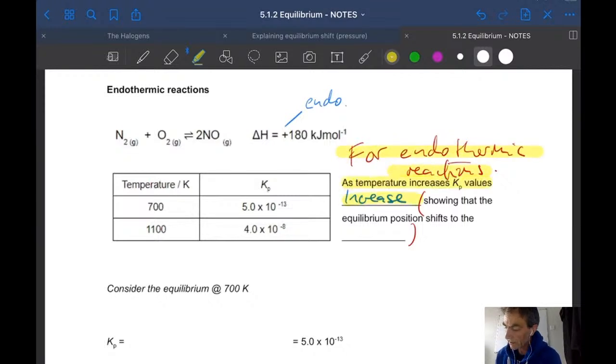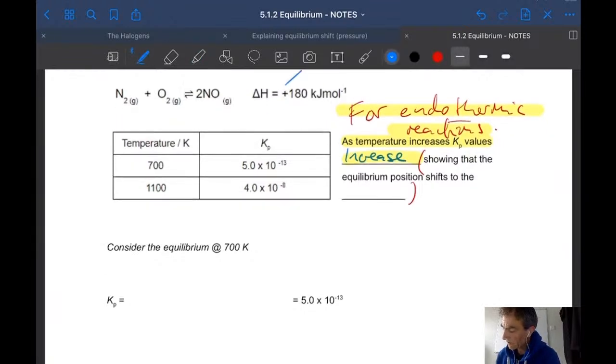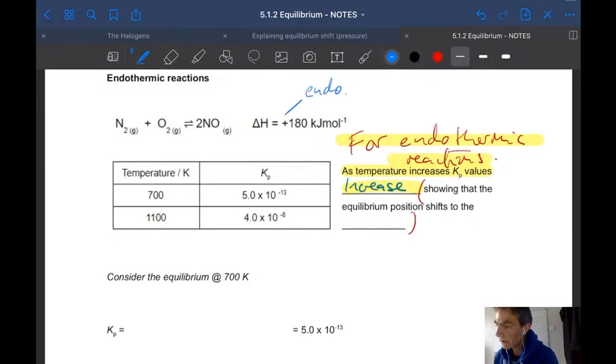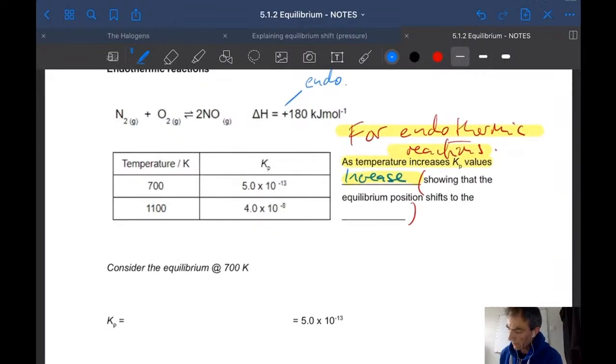I'm ignoring the brackets. I'm going to delete them from the notes actually, because they're potentially confusing now that I'm looking at it again. Right, so let's look at the Kp expression. So Kp is going to be the partial pressure of the NO squared over the partial pressure of the N2 multiplied by the partial pressure of the O2.